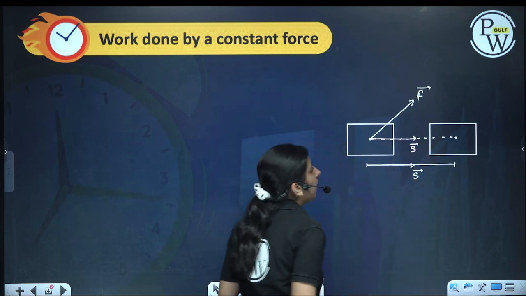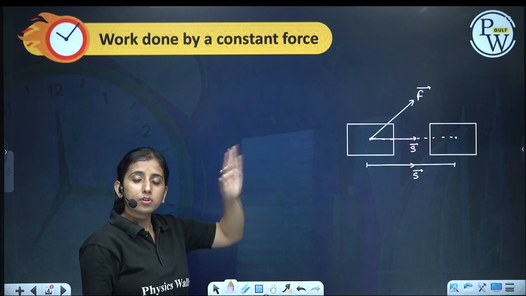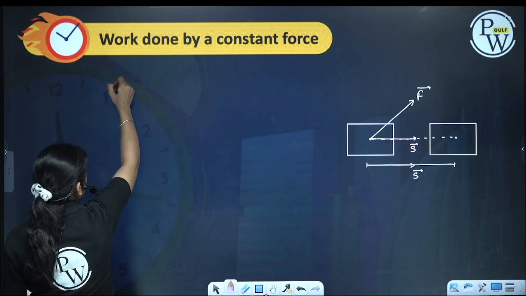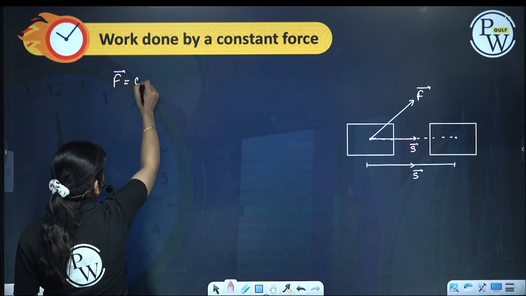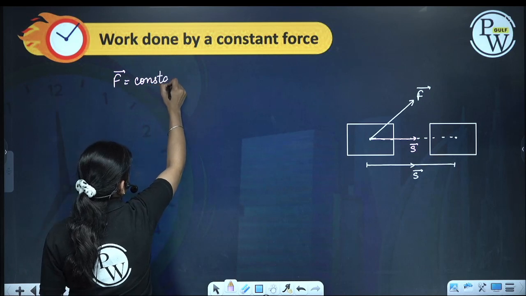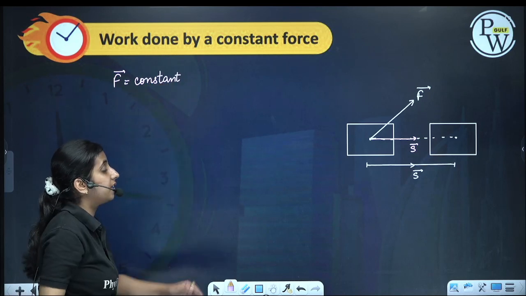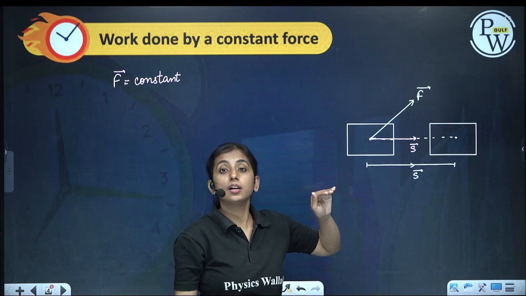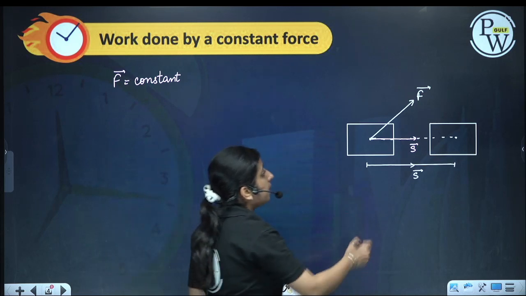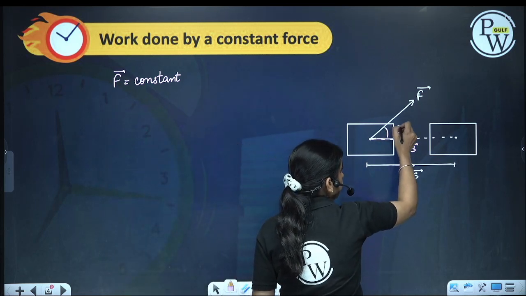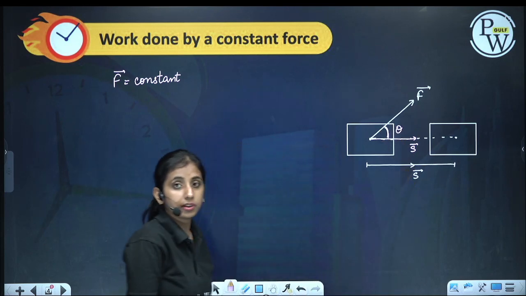So this will be our s vector, constant force F. F is a constant force. A constant force is acting and the particle displaced in this direction, making an angle theta with the force.